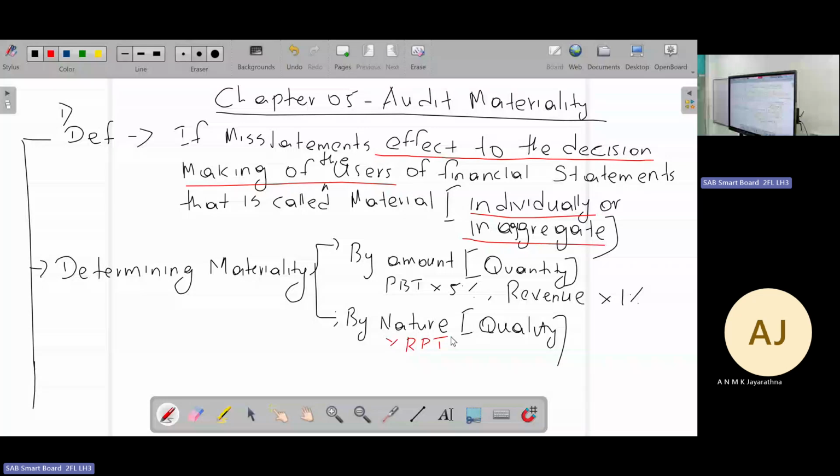So irrespective of the amounts, those are material. That is the need of quality in determining materiality, not just quantity and percentage. These are the examples I have given.